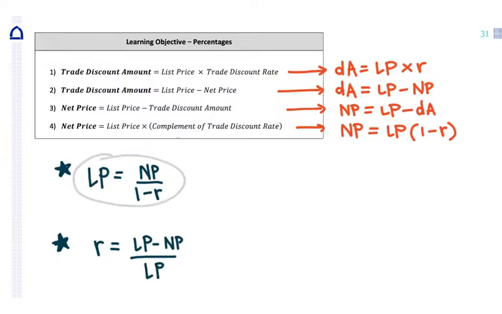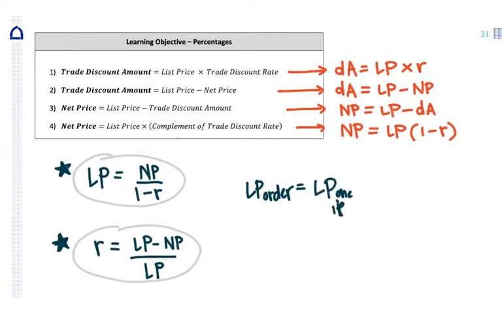So you can either memorize these, which is probably the easiest thing, or get good at rearranging those first 4 formulas to use those. And then the very last thing that I just mentioned is that the list price of a whole order is going to be the list price of just one item times the quantity in your order.